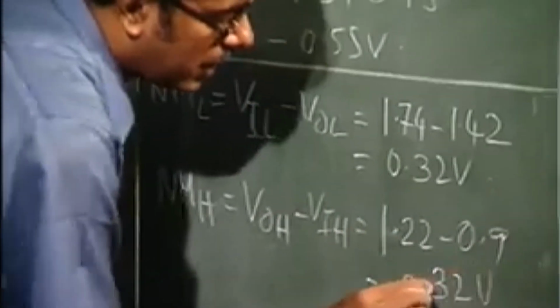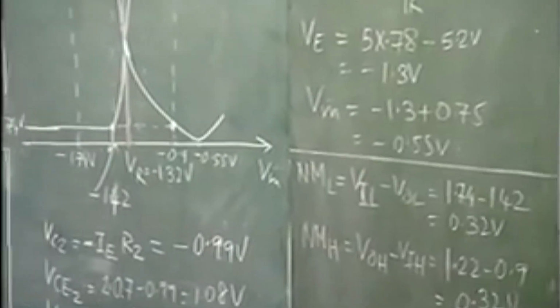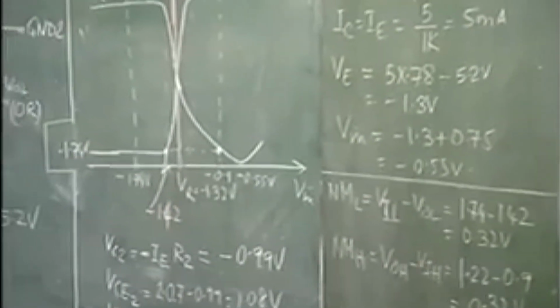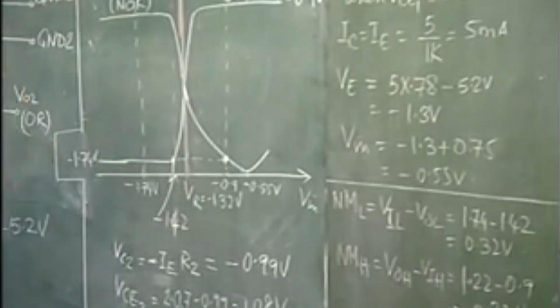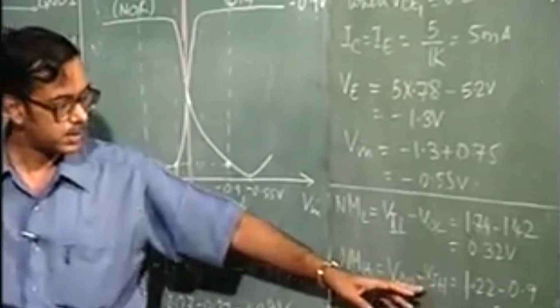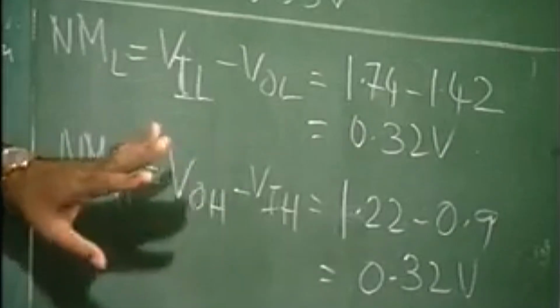So, basically you have equal noise margins, low and high. 100 millivolts above V reference would be considered a logic high.